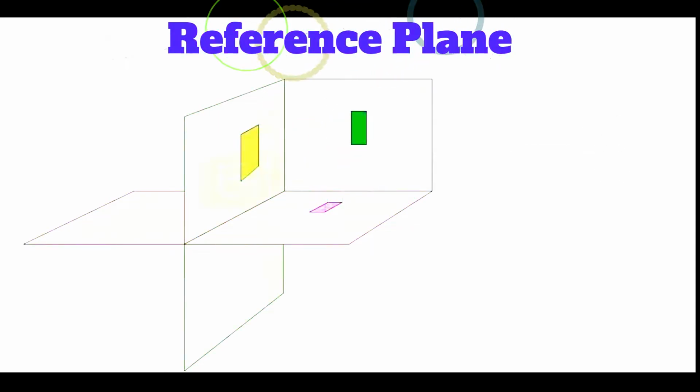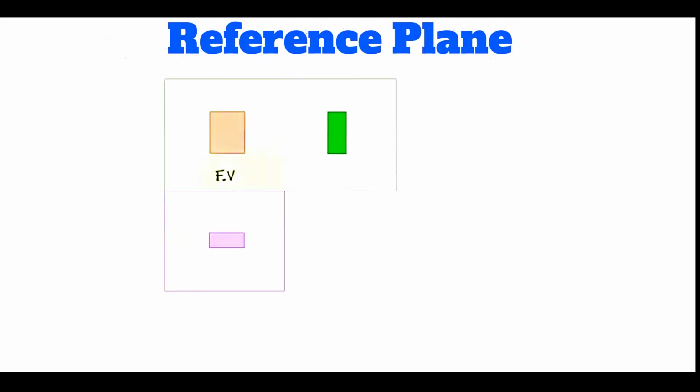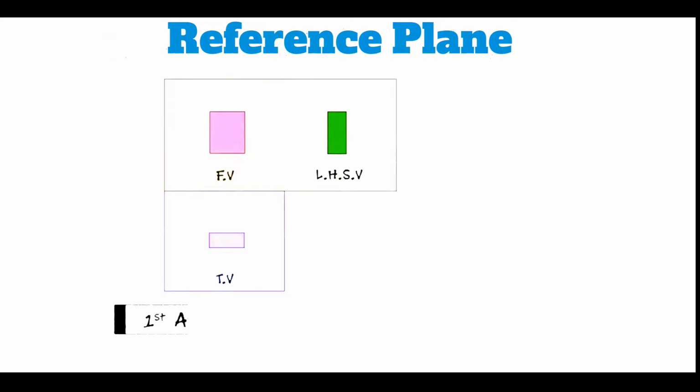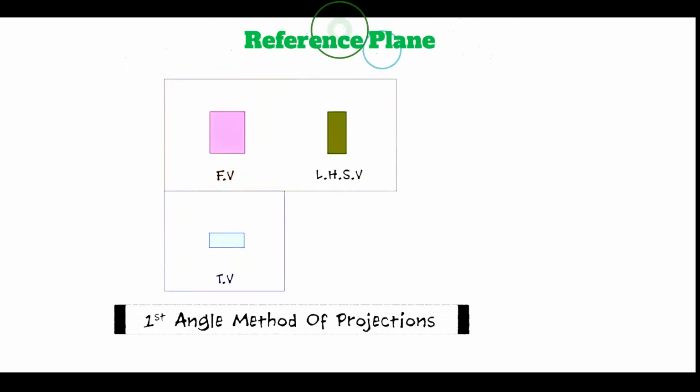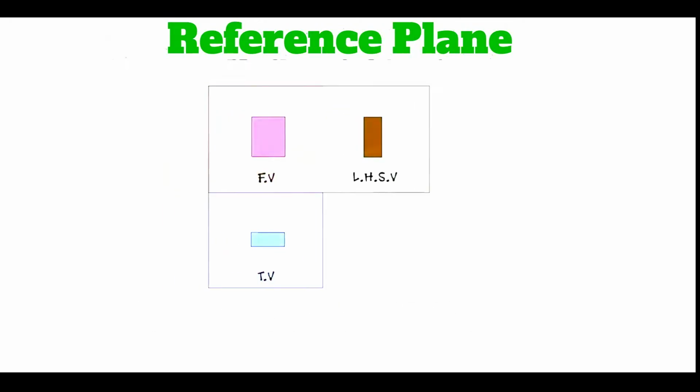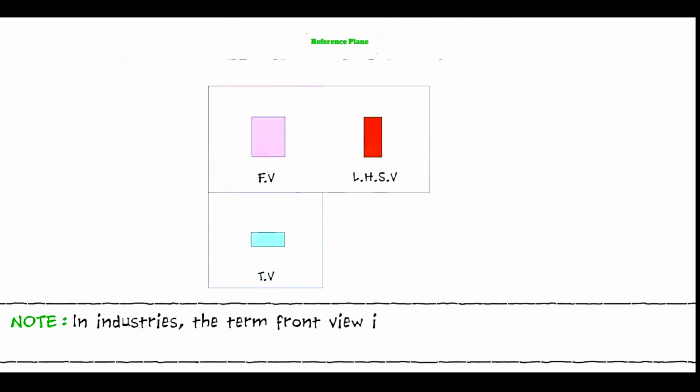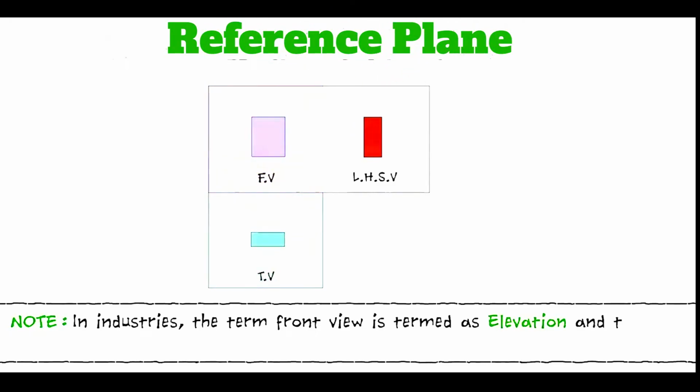When the object is in the first quadrant, the actual pattern of planes and views is shown. This is known as the first angle method of projection and is represented as shown. Note, in industries, the front view is termed elevation and the top view is termed plan.